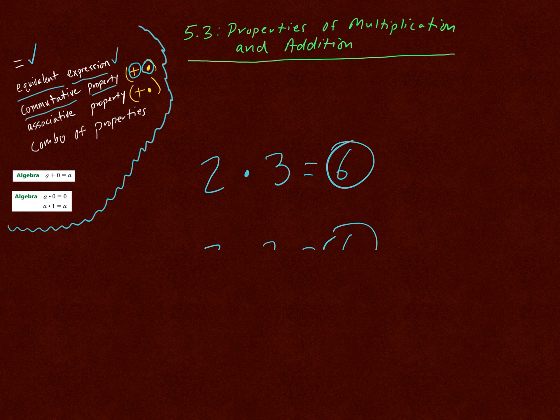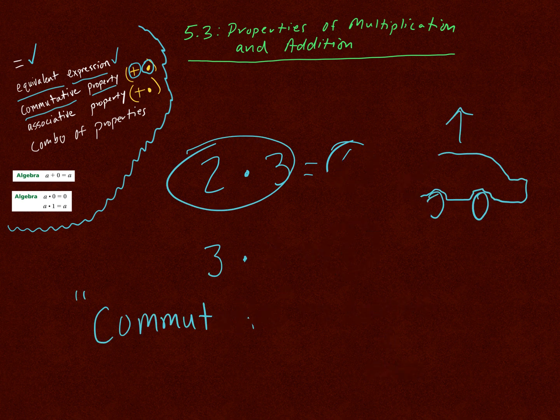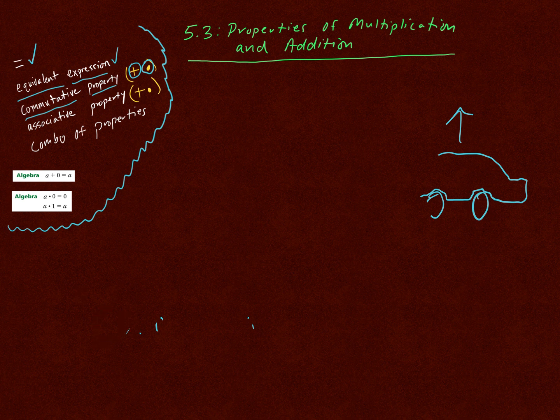If I say I'm commuting to work, that means I am moving my vehicle to work, or I am traveling, I'm moving myself to work. And so that's all that's saying, is I can move these numbers around when I am multiplying. So that takes care of this idea of commutative properties in math.